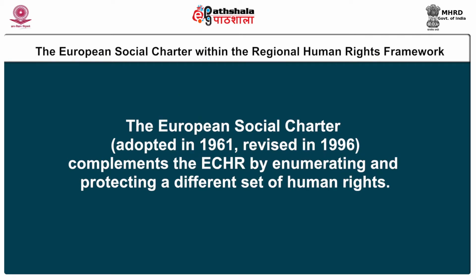The European Social Charter was adopted in 1961 and revised in 1996. It complements the ECHR by enumerating and protecting a different set of human rights. The Charter offers comprehensive economic, social and cultural rights, that is the ESCR, protection to citizens of state parties.